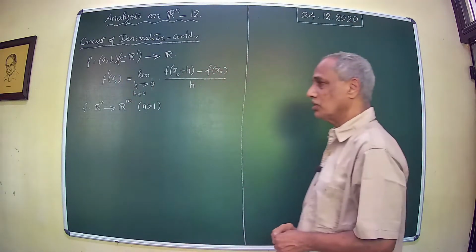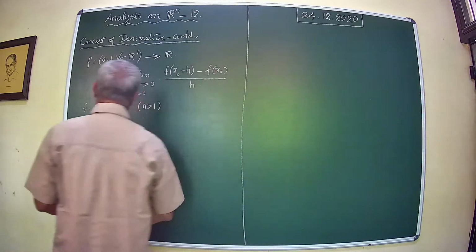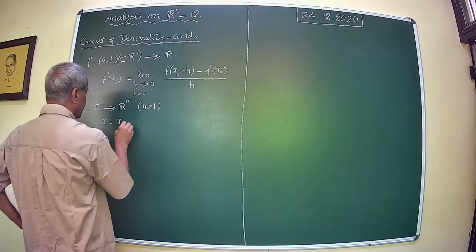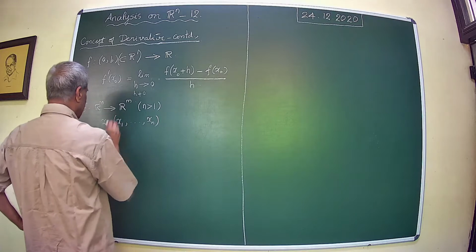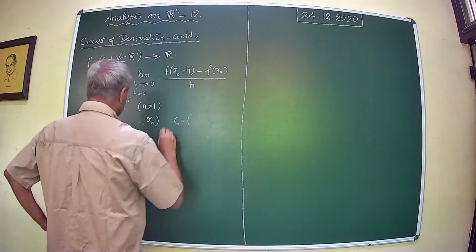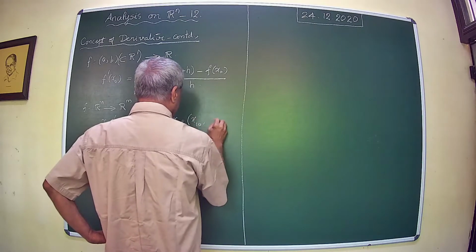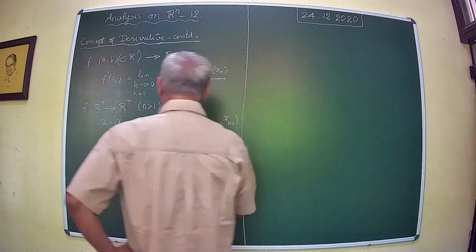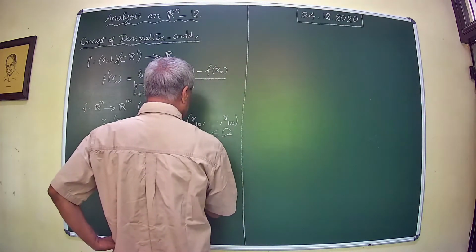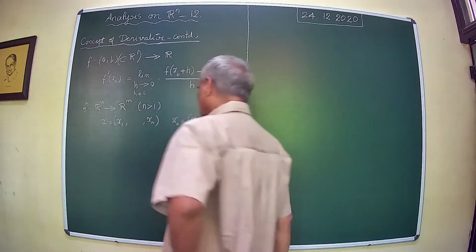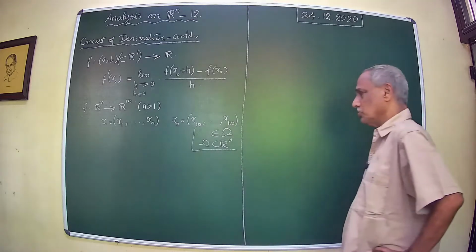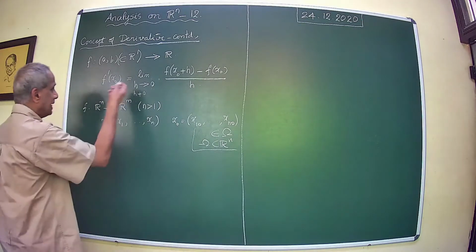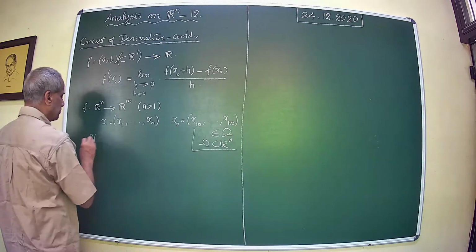And if you were to mimic the same thing, so if you write x to be x1, ..., xn, and x naught as x1 naught, ..., xn naught, a fixed point belonging to some omega contained in Rn, with all the structure that we have introduced earlier, let's say Euclidean space, then you would be encountering this problem.